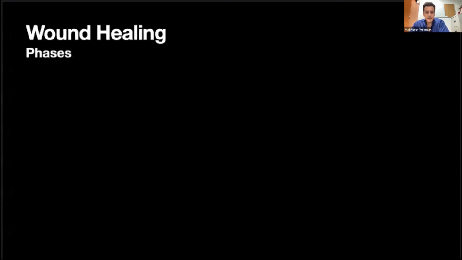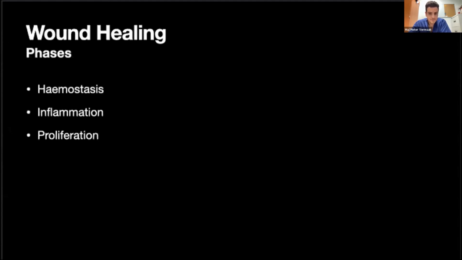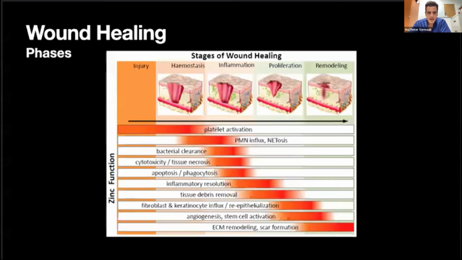In terms of wound healing, the phases of healing are hemostasis, first phase, then inflammation, proliferation, and remodeling. These phases are on a continuum.